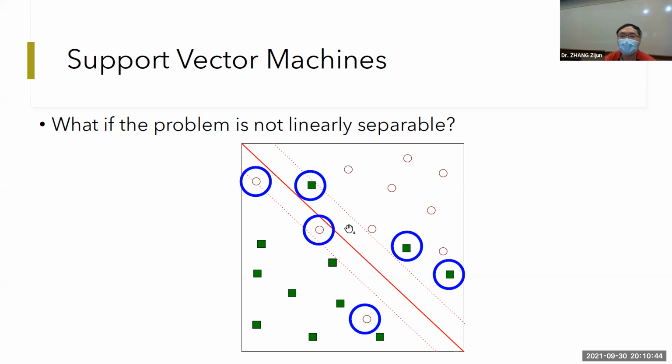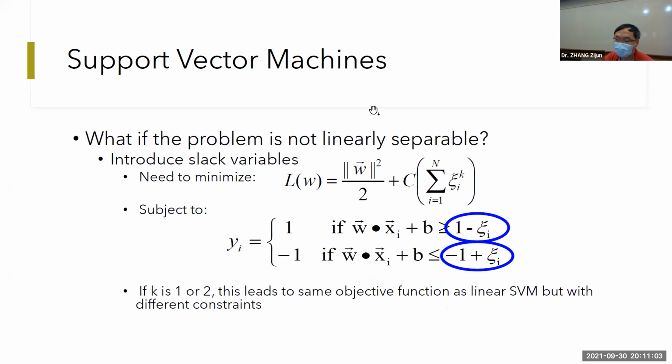The first solution is that we don't pursue that perfect result. That means we can tolerate some impurity. We will allow some of such ambiguous data points to exist. So in this case, we will introduce a slack variable epsilon here.